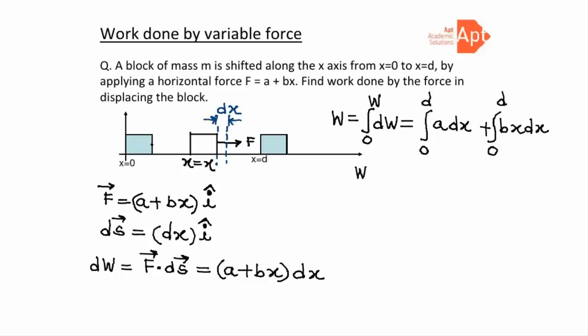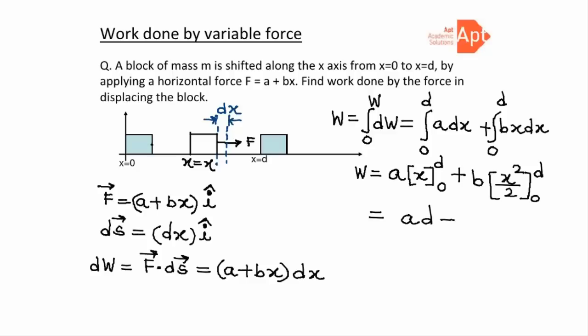So this work done W becomes: the integral of dx is x, substitute the limit from 0 to d, and the integral of x dx is x square by 2 from 0 to d. On substituting the limits we have ad + bd square by 2.